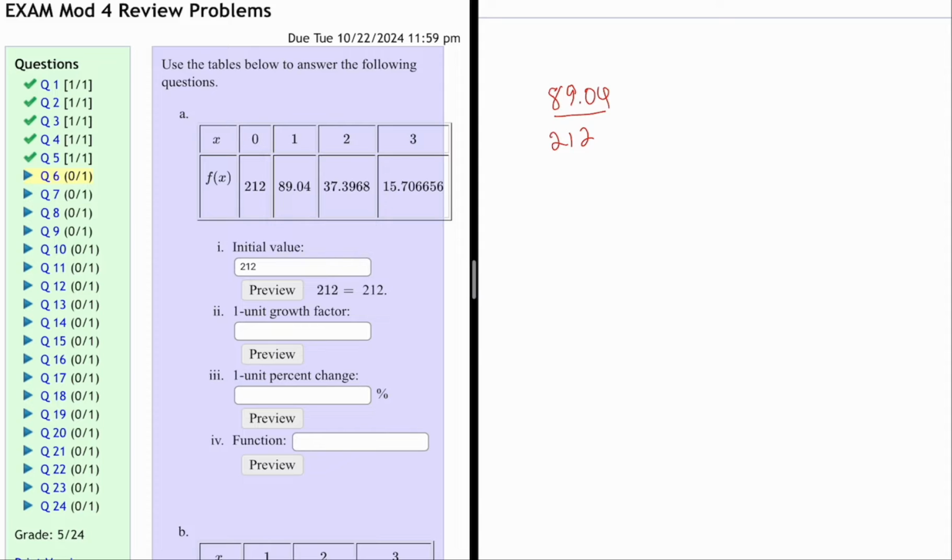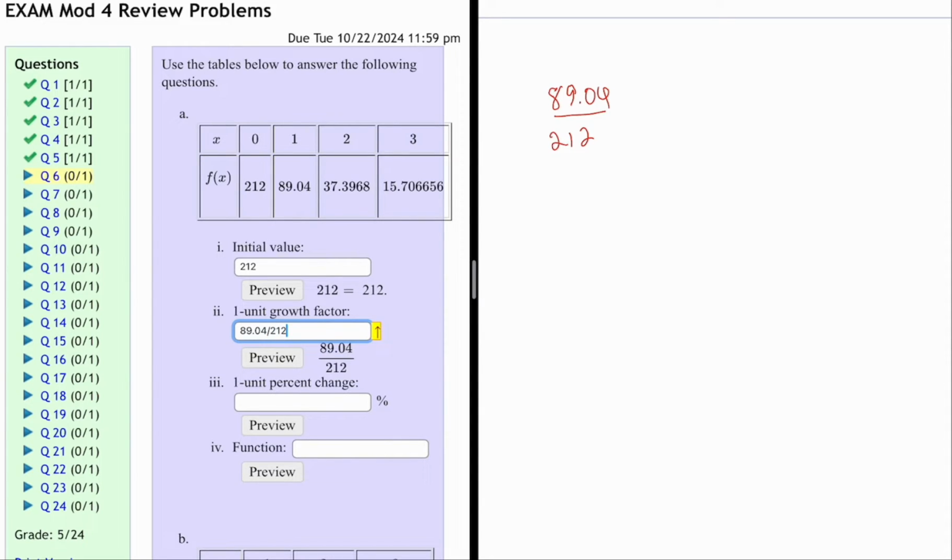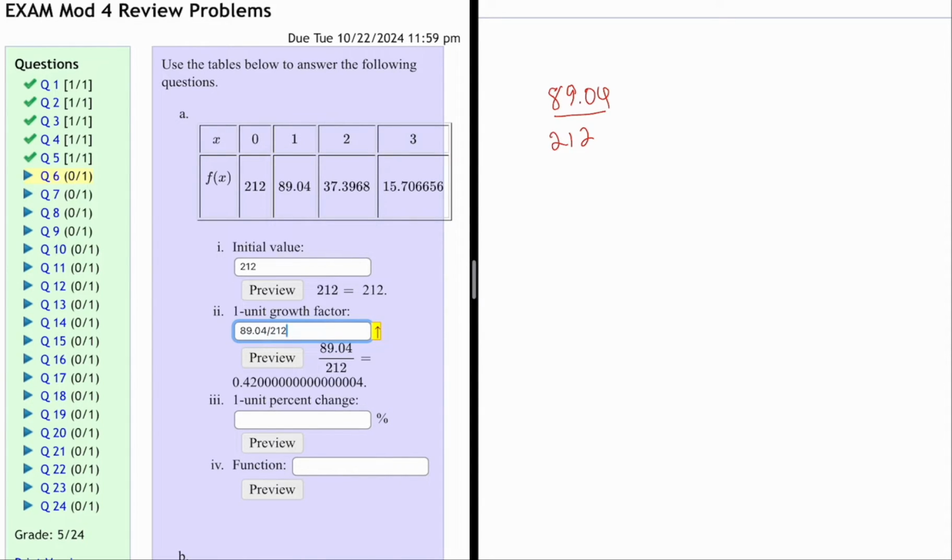So let's let iMath just do the math for us. So 89.04 divided by 212. So that is really super close to 42%. So 0.42 is 42%, minus 100% is negative 58%. And then, oh, we don't have to put the percent symbol. What is our function?